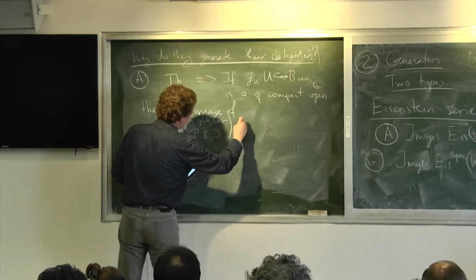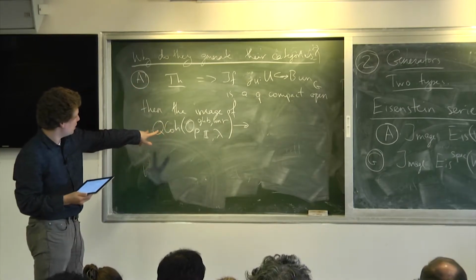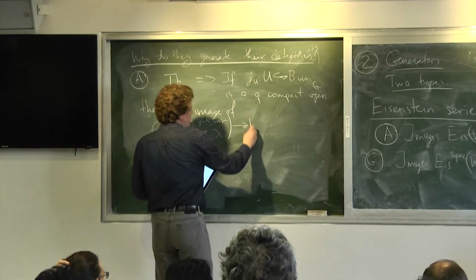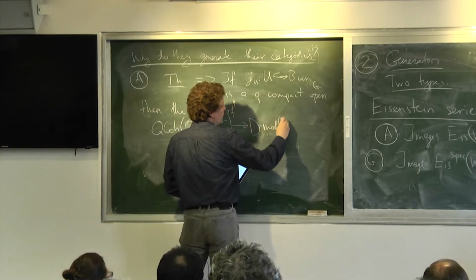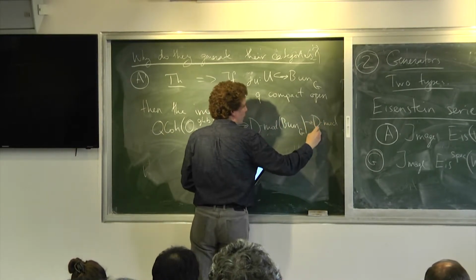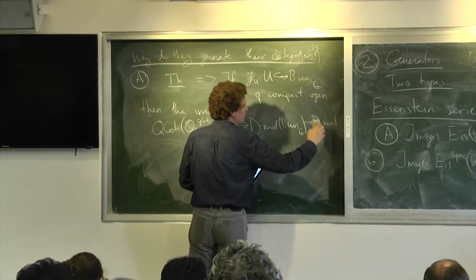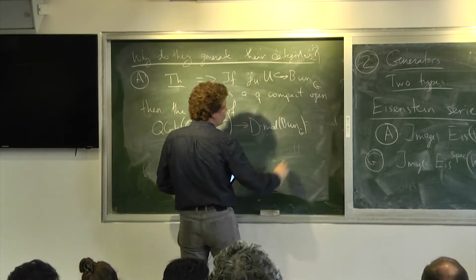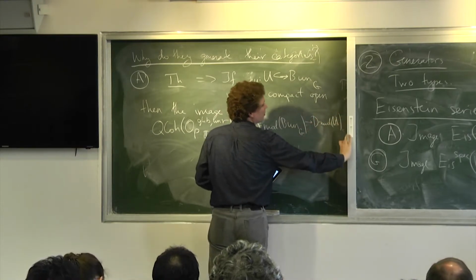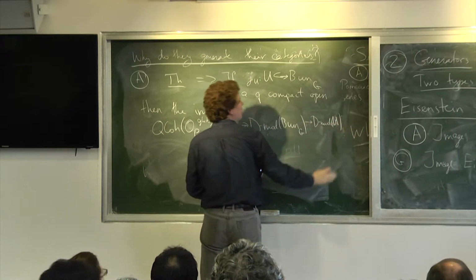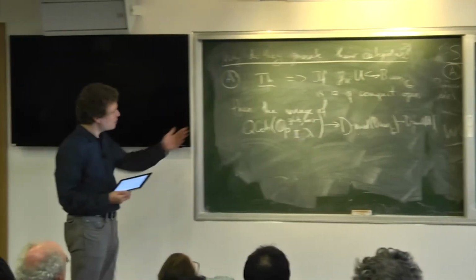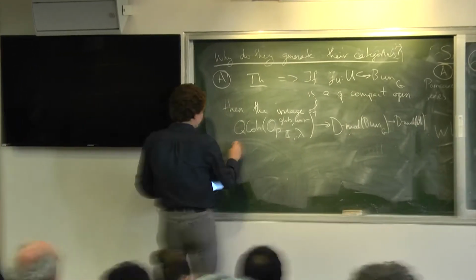So anyway, the image of the composition, so we start here, we go to D modules on Bun G, and then we go to D modules on Bun U, not on Bun U, just on U. So the restriction to U, the claim is that the image of this generates the entire category.